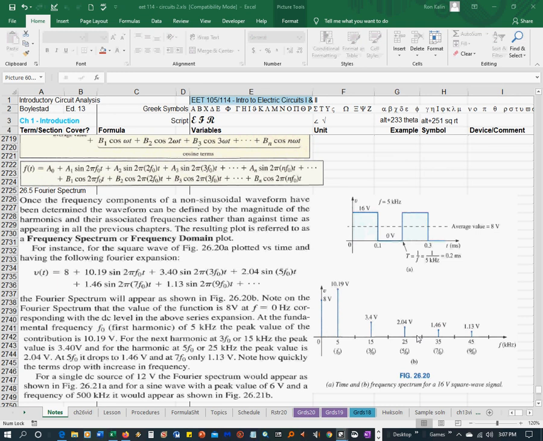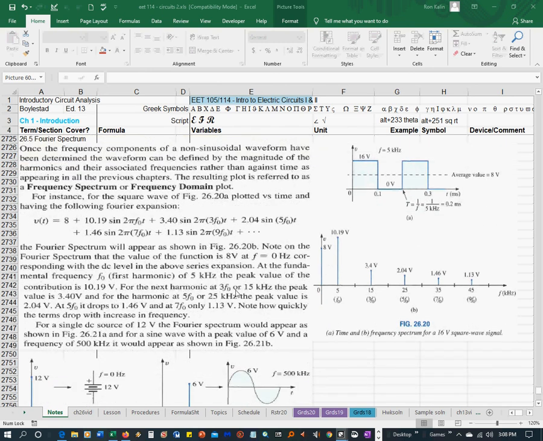The Fourier spectrum, which is what this is, appears over here. Note on the Fourier spectrum, the value of the function of 8 volts is at frequency 0. That's the DC value corresponding with the DC level. And the fundamental frequency, the first harmonic, is 5 kilohertz, because we were given here that the frequency is 5 kilohertz and the period is 0.2 milliseconds. For the first harmonic of 5 kilohertz, the peak value of the contribution is 10.19.